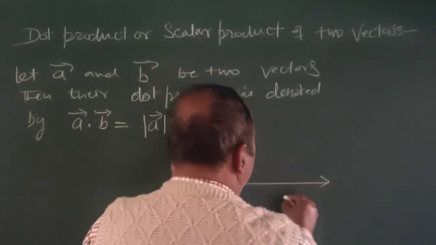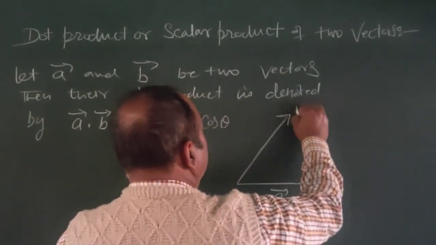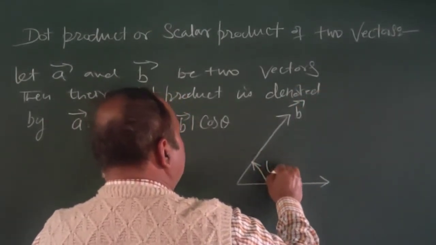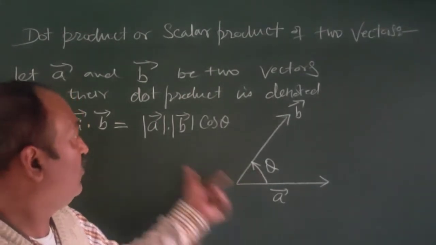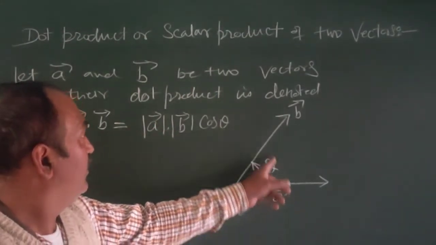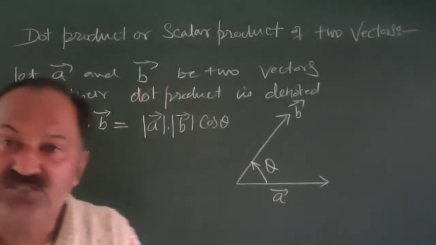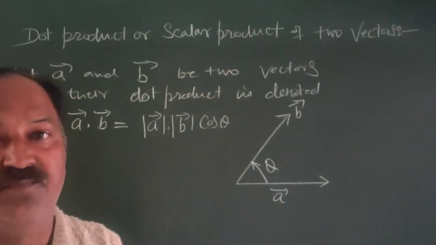Let this is A vector and let this is B vector, and this is the angle between them, acute angle between them, theta. Then dot product A vector dot B vector is equal to A vector magnitude into B vector magnitude into cos of the angle between them.